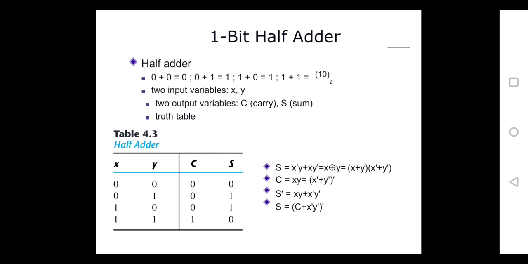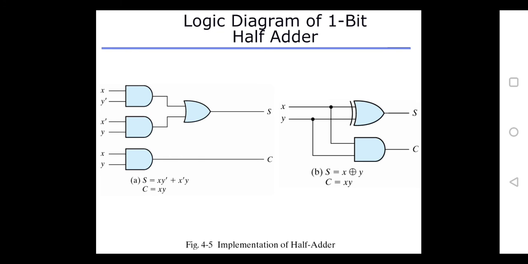Similarly, for sum, it is x bar y plus x y bar, which is equal to XOR of x and y. So this is the logic diagram of a half adder. The first circuit uses basic logic gates, AND and OR gates.